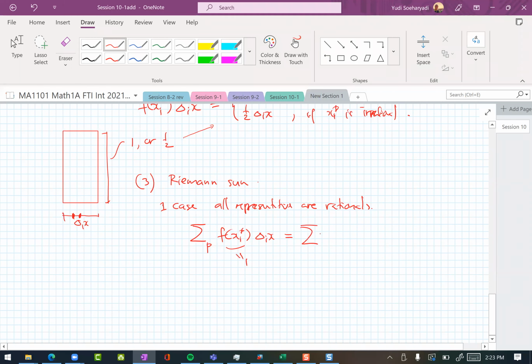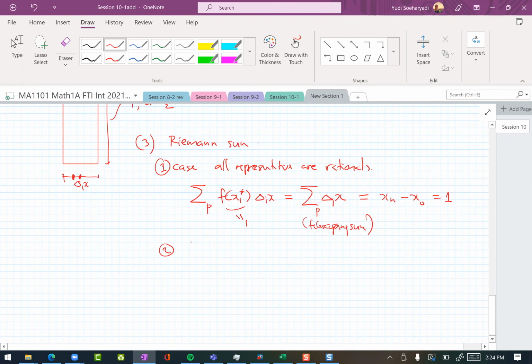So what you get here is just summing up delta x. But remember that when you sum this up, you have a telescoping sum, so you get the endpoints.